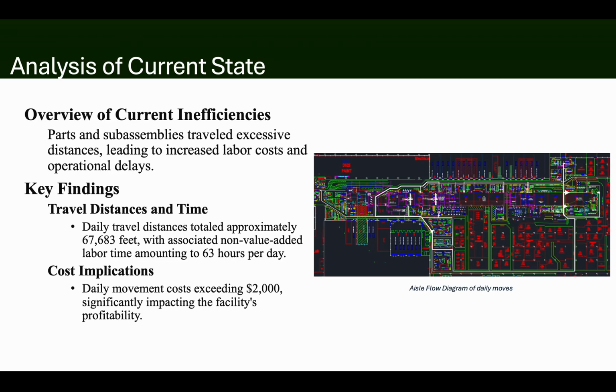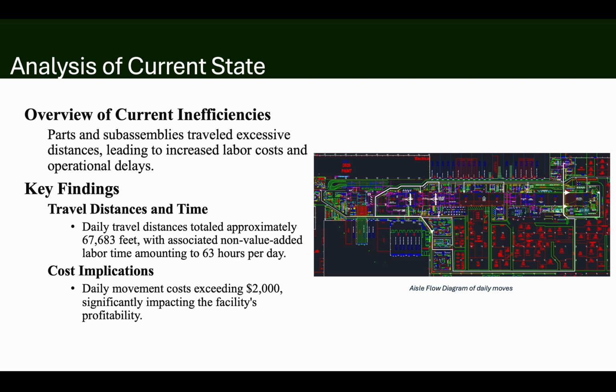Here is an overview of the current inefficiencies found through our current state analysis. There are several opportunities for improvement considering the line's layout. This is because there are several parts and sub-assemblies that are a significant distance away from the main assembly line. This, coupled with several other parts having a high frequency of movement, creates roughly 68,000 feet of travel distance per day.